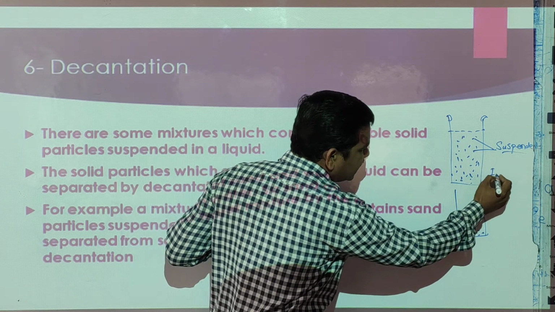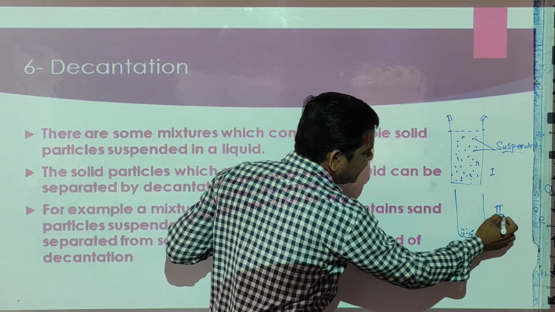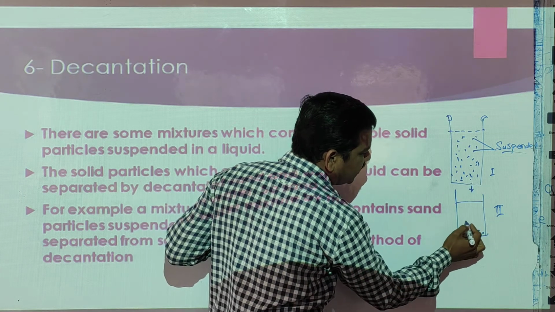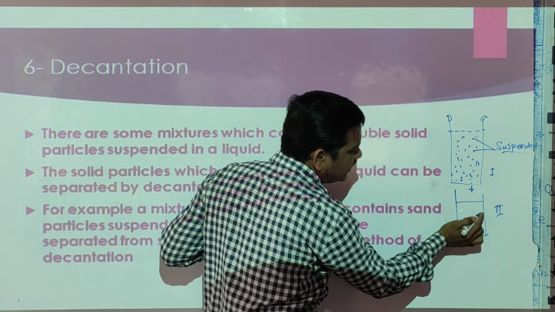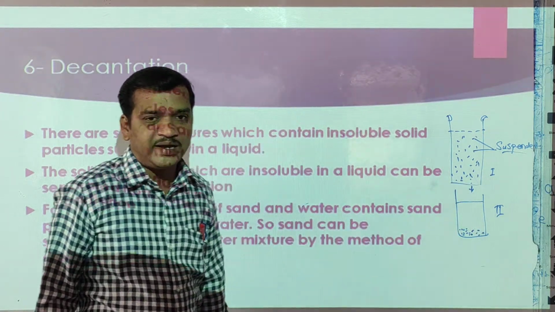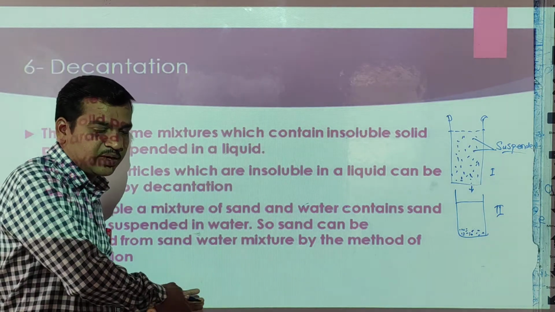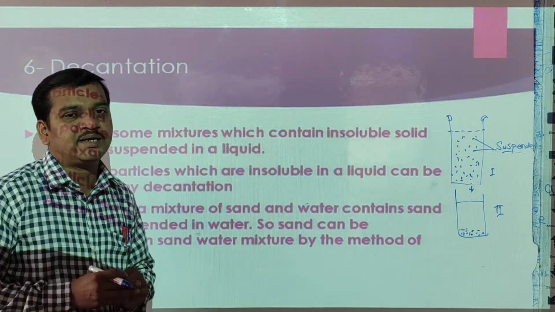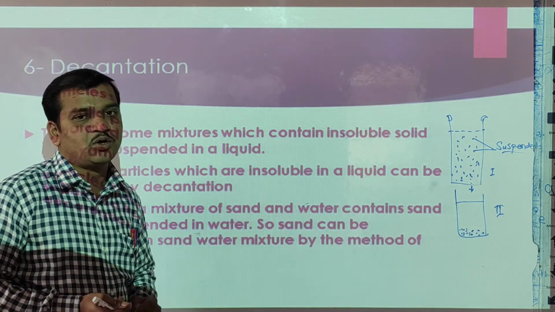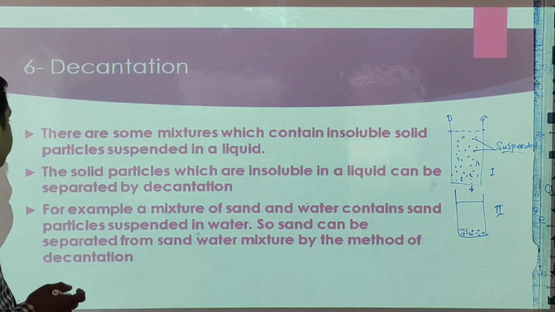This is the first step. In the second step, all these particles have settled at the bottom, and in this layer the clean water is there. That clean water you can pour into another container with the help of a glass rod. So this method is called the decantation method.